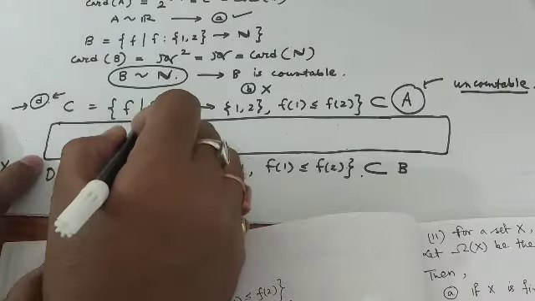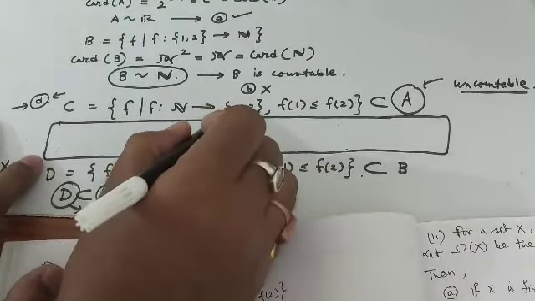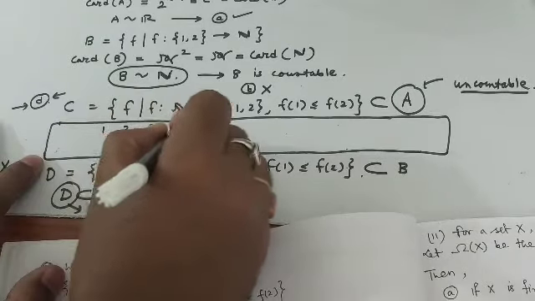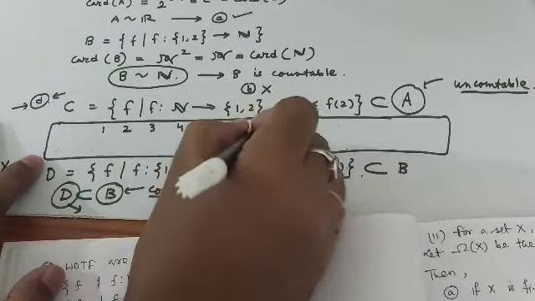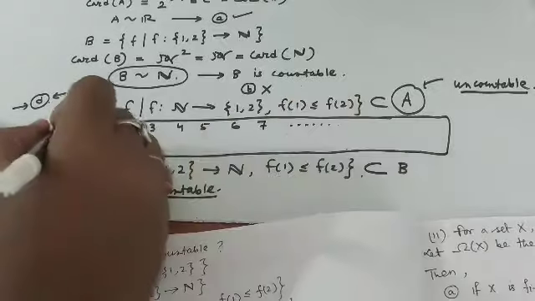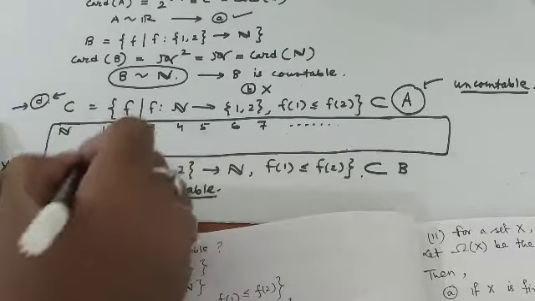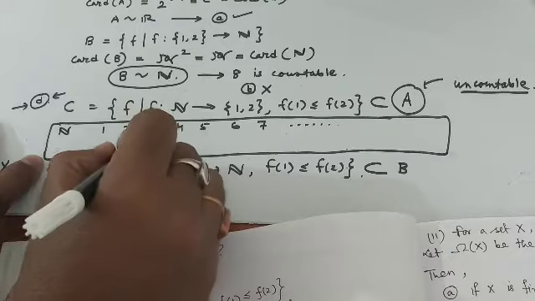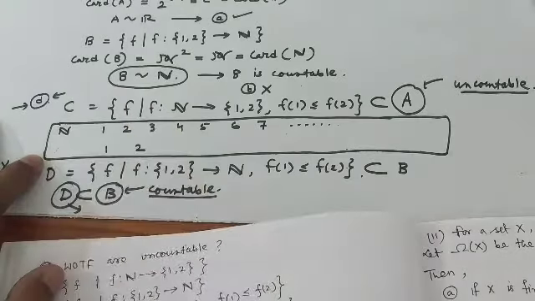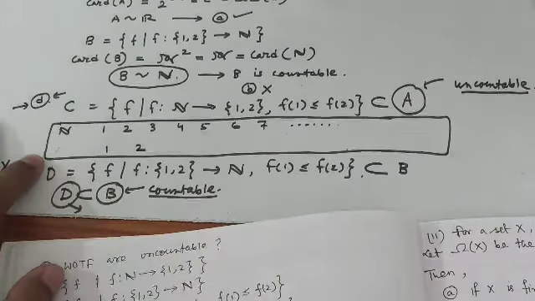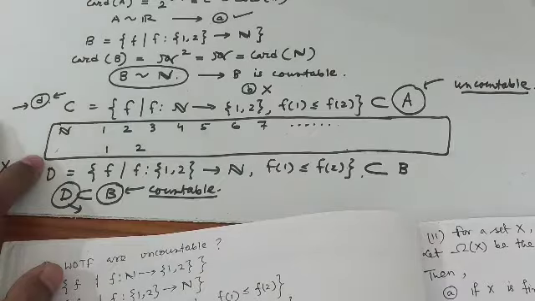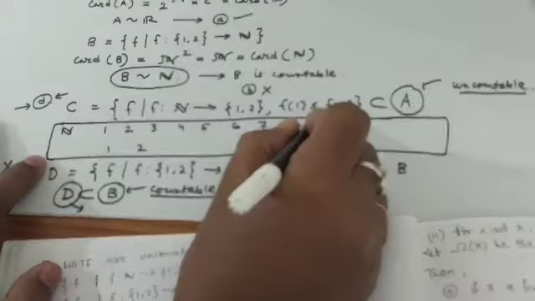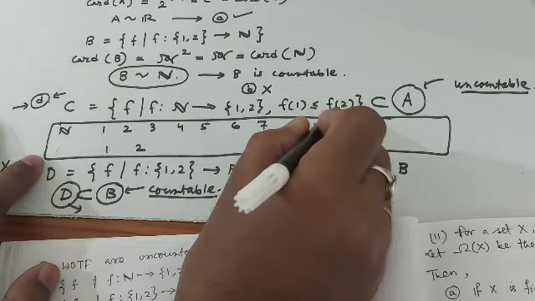Look, F is the mapping from N to {1, 2}. Fine. So 1, 2, 3, 4, 5, 6, 7 and so on going on. It is the set of all natural numbers, and you have {1, 2} in the codomain set. So one simple restriction is there, that F(1) should be less than or equal to F(2).